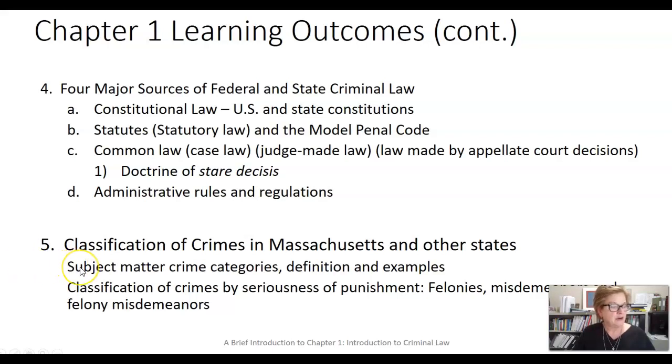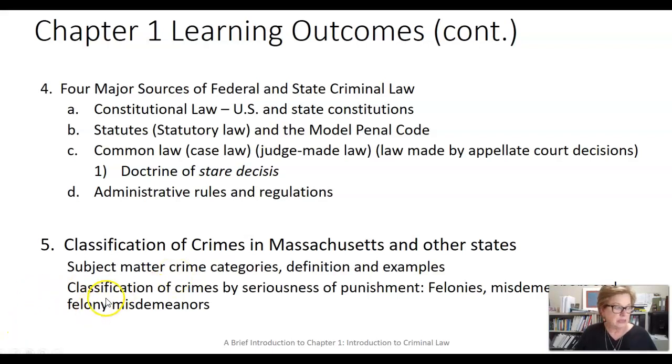So subject matter is certainly one way, and we'll look at the way in which Massachusetts organizes all of its crimes by subject matter. A second way of classification of crimes that we'll talk about in Chapter 1 is by the seriousness of the punishment. The punishment for a particular state or federal crime, as it's determined almost always by statute, will state a maximum and sometimes a minimum mandatory punishment.